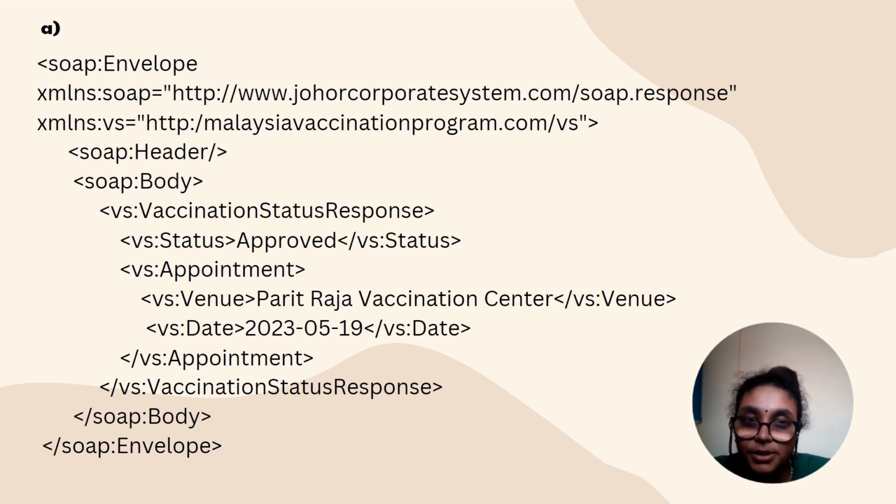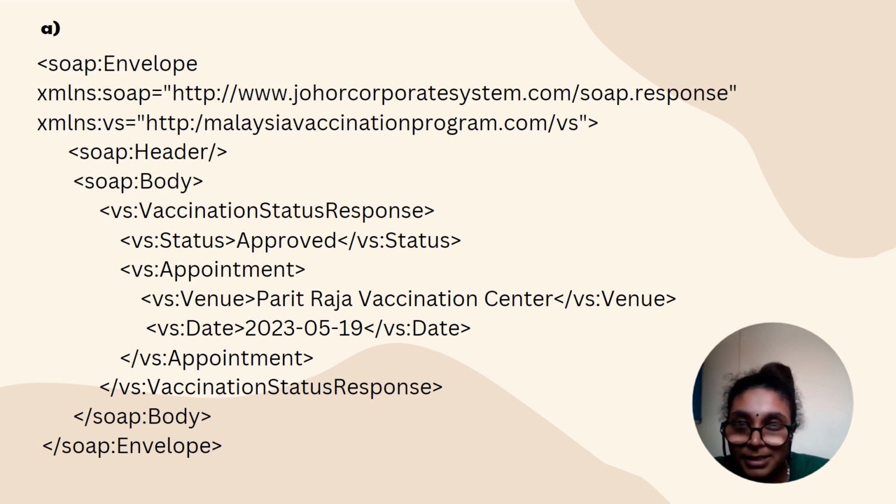And then after the first namespace, it mentions the second namespace for the header and body part of this SOAP response, which is VS equals to the URL http://malaysiavaccination.program.com/VS. After that, we can start with the header tag, which here we can see is empty. So that's why it is mentioned in that format.